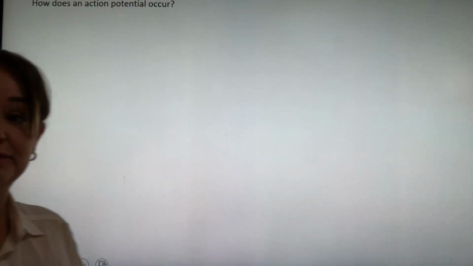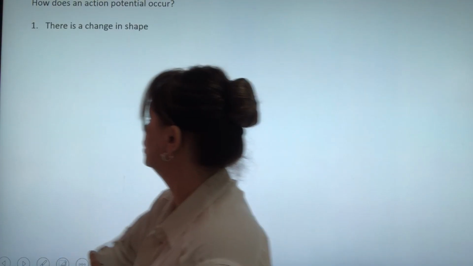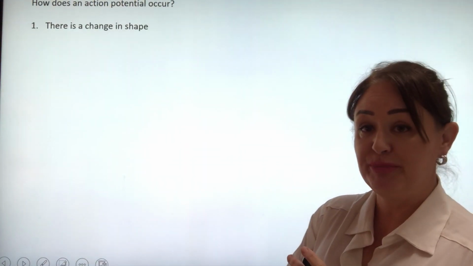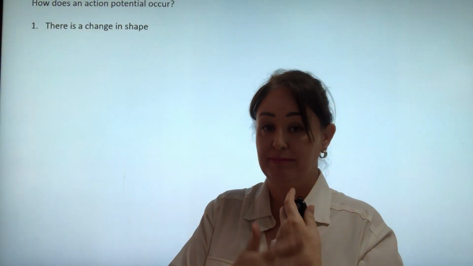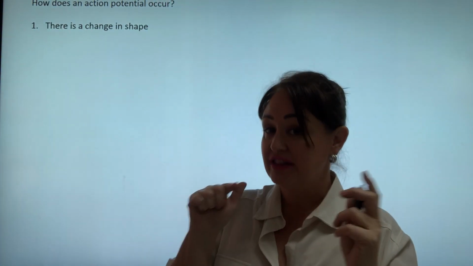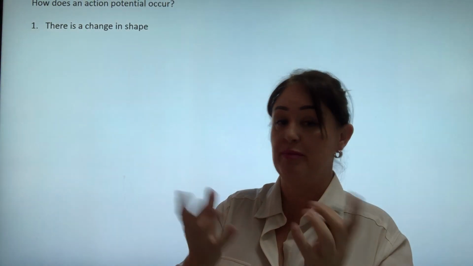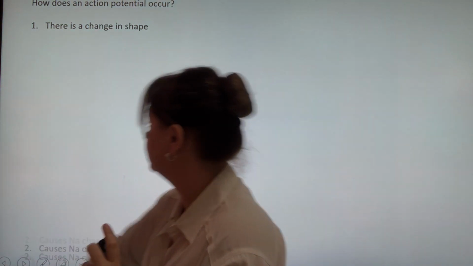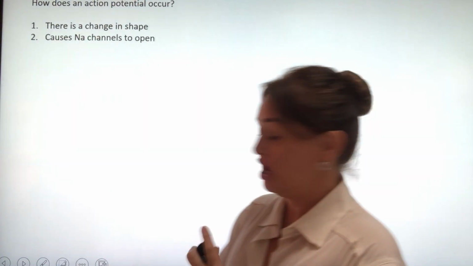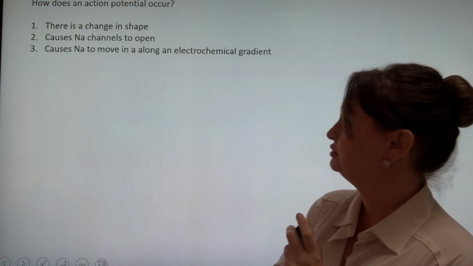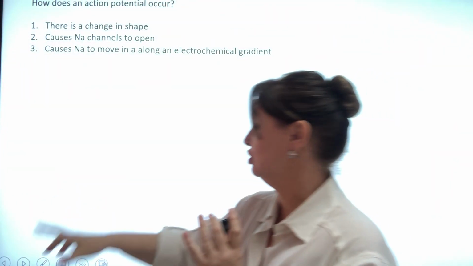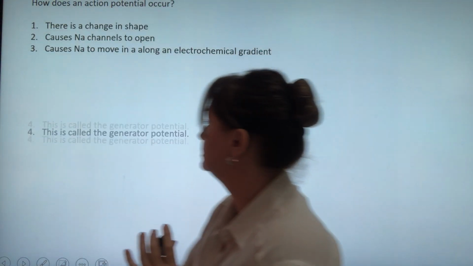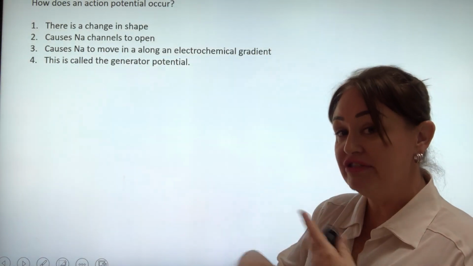Moving to the next slide. How does an action potential occur? We have a change in shape of the membrane. In our example, it was a pacinian corpuscle, and the distortion changed the shape of the membrane, causes the sodium channels to open, causes sodium to move in along an electrochemical gradient, causes a generator potential.